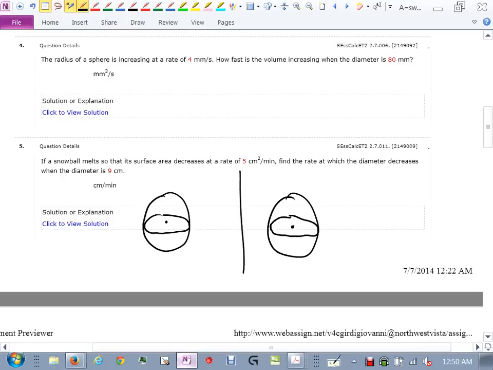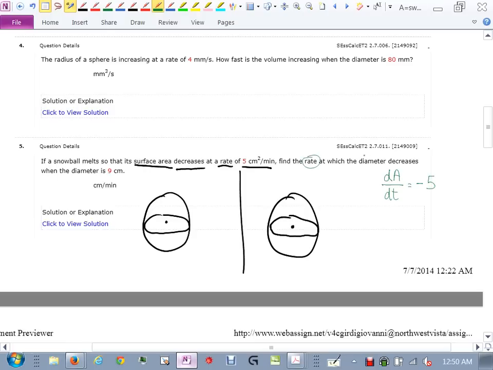The snowball melts, so it's getting smaller, so the surface area decreases at a rate. Surface area is getting smaller by this rate. That's a derivative then. The change in area, I'm going to say surface area. I'm going to use A for surface area with respect to time, is 5, but it's getting smaller, so I'm going to use negative 5.